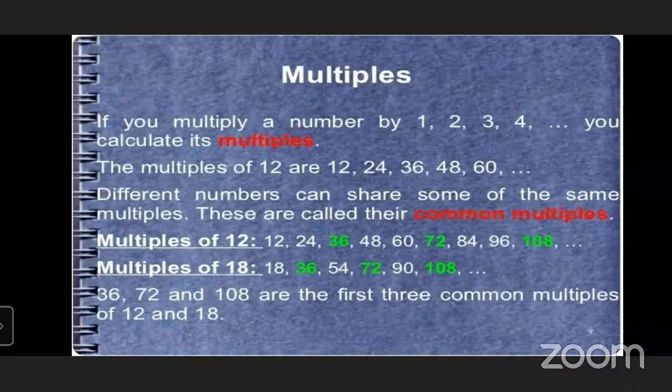If you multiply a number by 1, 2, 3, 4, or whatever number you want, you calculate its multiples. The multiples of 12 are 12, 24, 36, 48, 60. These multiples are nothing but the table of the number itself.